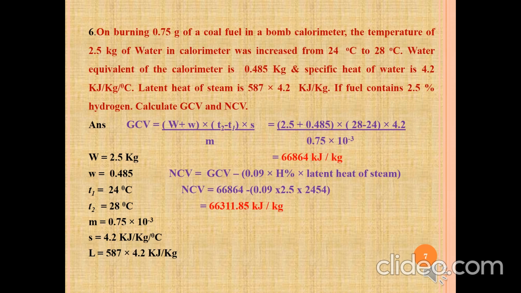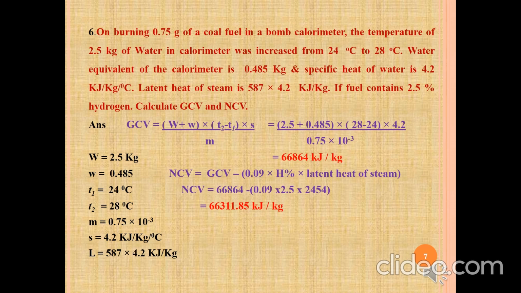So solution for this is, first of all you have to write the given terms. Capital W, which is nothing but the weight of water taken inside the calorimeter, which is equal to 2.5 kg. Next, small w, which is nothing but water equivalent of calorimeter, which is 0.485 kg. Next, initial temperature of water bath, T1, which is 24 degrees Celsius.